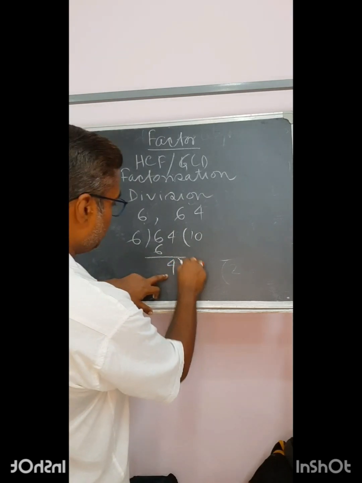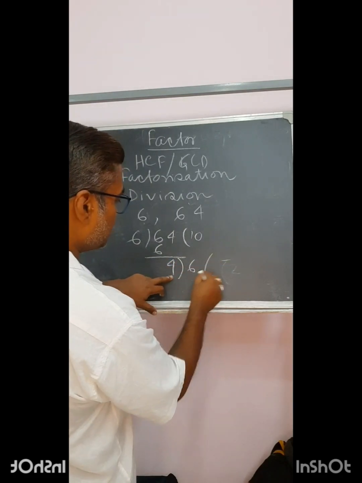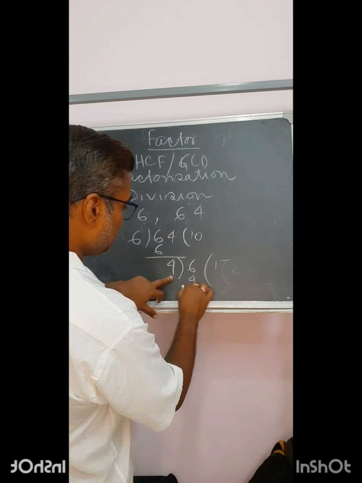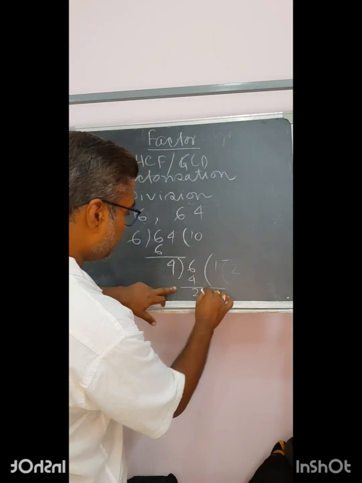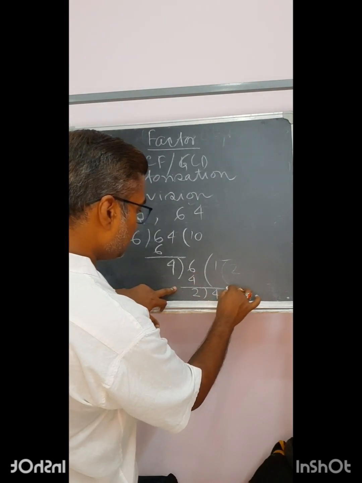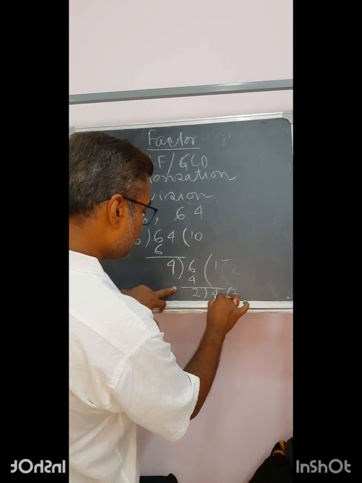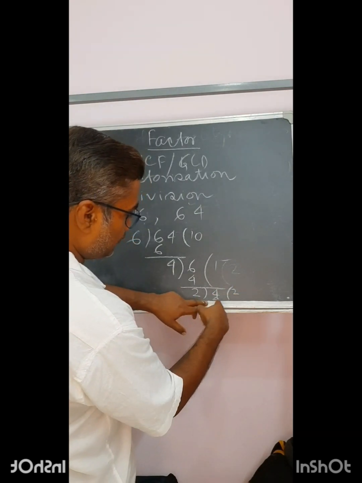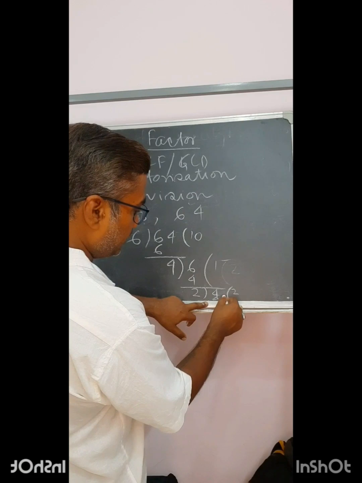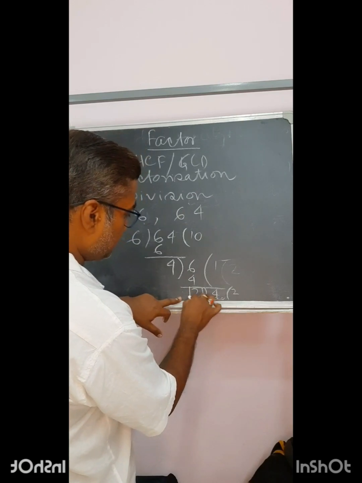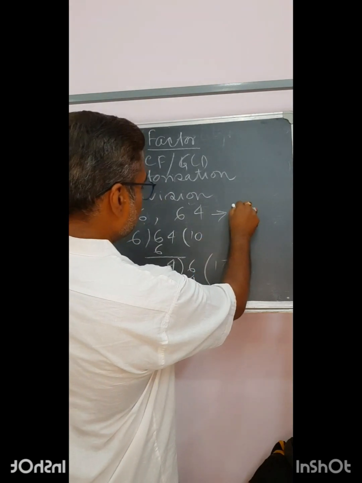So 4 I will divide 6. What would come? 4 ones are 4. It will not end here. 2 will be the remainder. Then with the 2 I will again divide 4. So 2 2s are 4. So here you can see 4 4, so there will be no remainder. So the last dividend I will get will be the answer for this HCF.